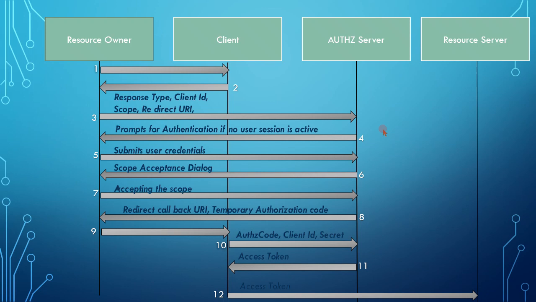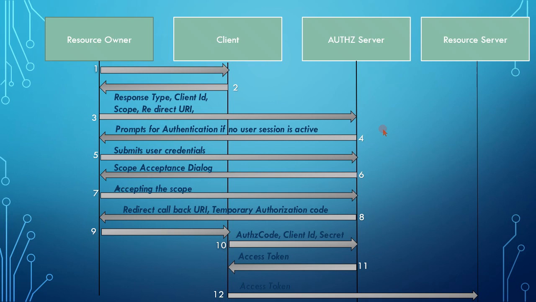This will give the list of scopes that the user consents to delegate to the client. Step number 7, if the user agrees with that scope, the user will click yes, meaning I agree to give this scope of access to the client. So that is step number 7, the resource owner accepting the scope.